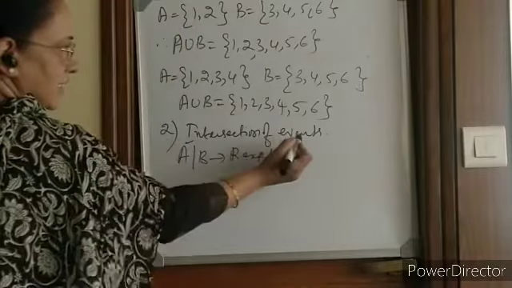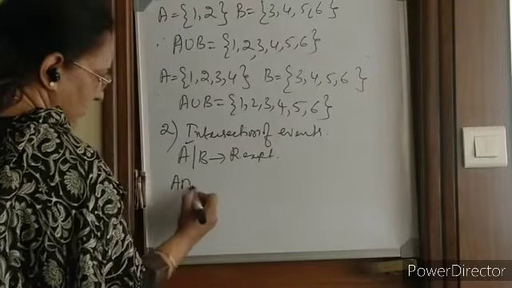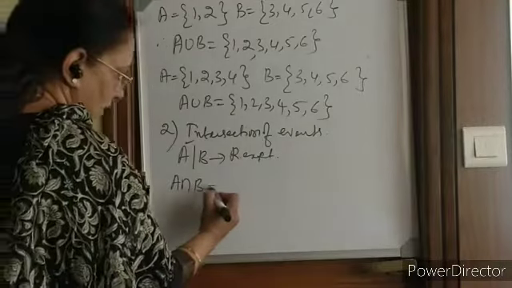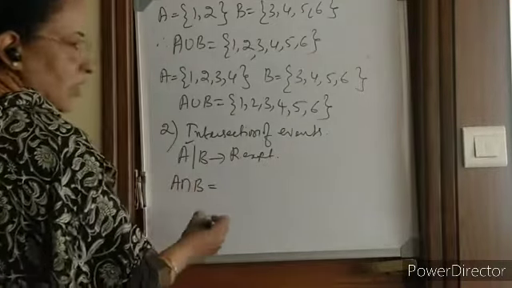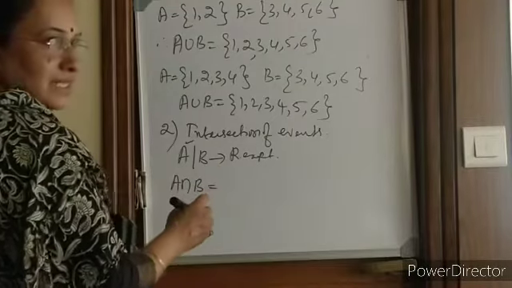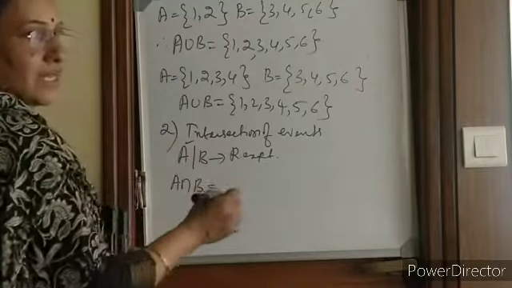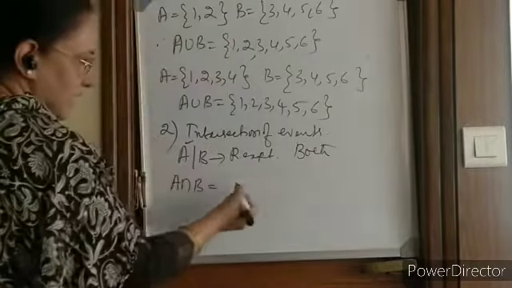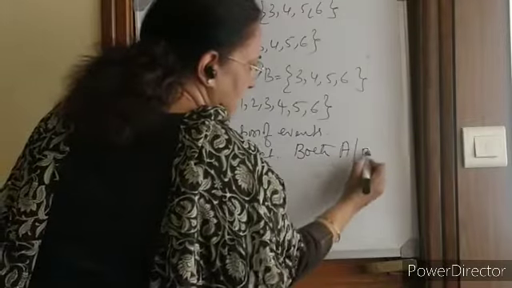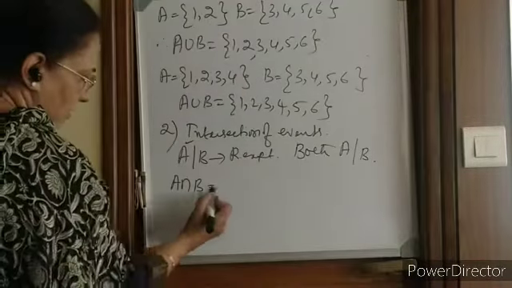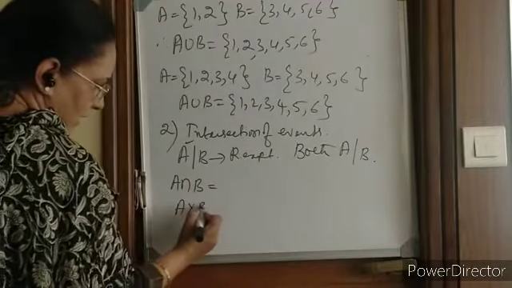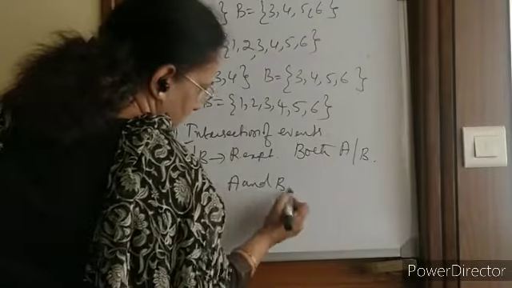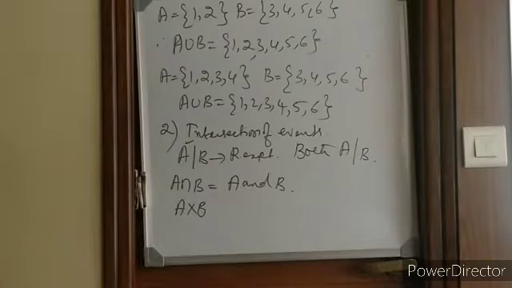Then the intersection of these two events is denoted A intersection B, with the inverted U. This is a set which contains those outcomes which are present both in A as well as in B. A intersection B is also denoted by A into B, or you say A and B.